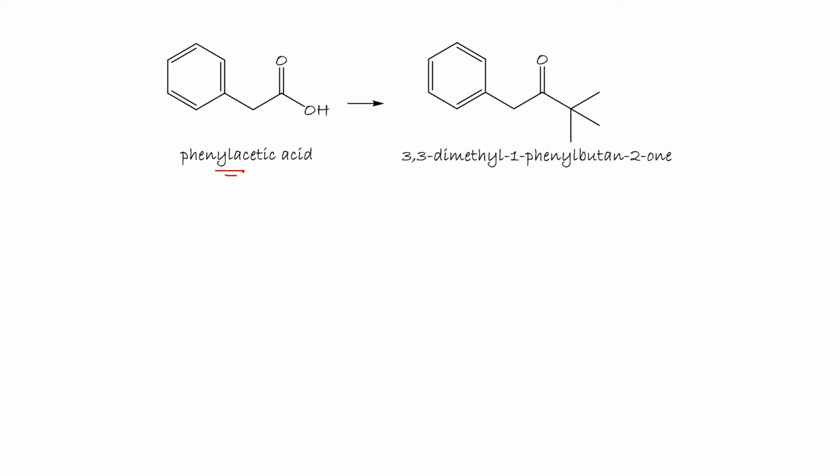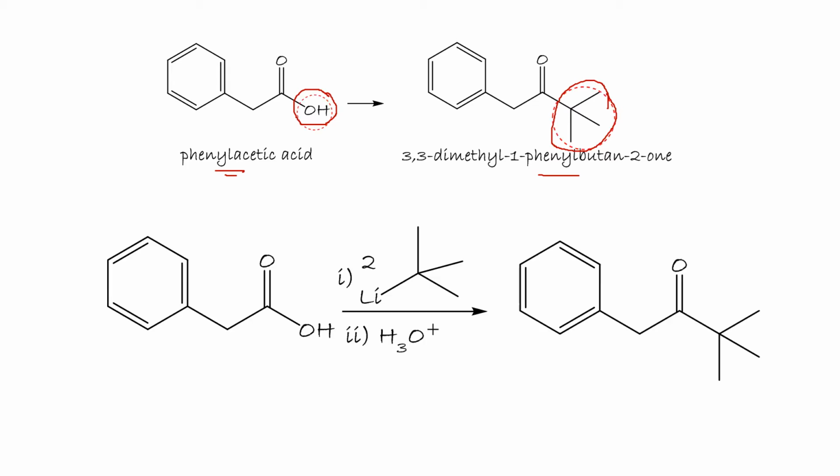Convert phenylacetic acid to 3,3-dimethyl-1-phenylbutan-2-one. So just replacing this part with tertiary butyl. So what we have to do is react phenylacetic acid with two equivalents of tertiary butyl lithium.